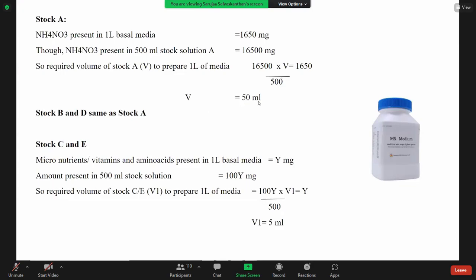Right? The 50 milliliter we have to pipette out from the stock solution, and pour it in another beaker to prepare the 1 liter media. Understand or confusing in understanding?